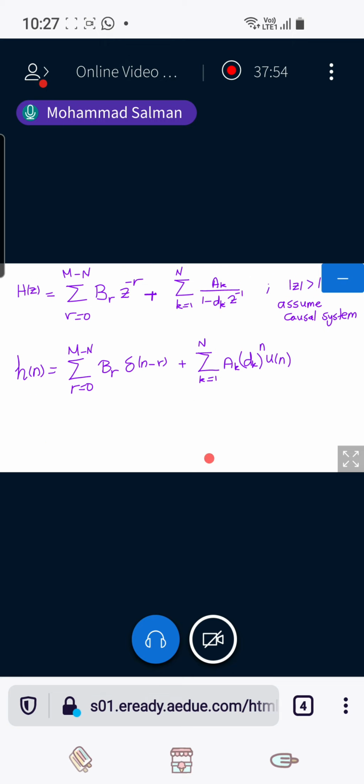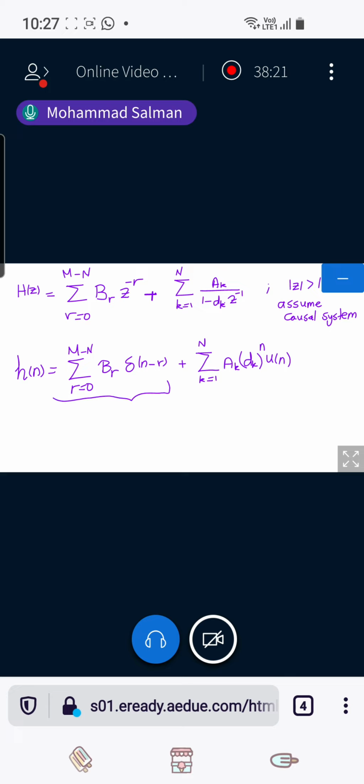So these two summations depend on our original system, the one we want to design. Do we have a numerator only, or a numerator and denominator where the denominator degree is greater than or less than the numerator degree? These possibilities do exist.